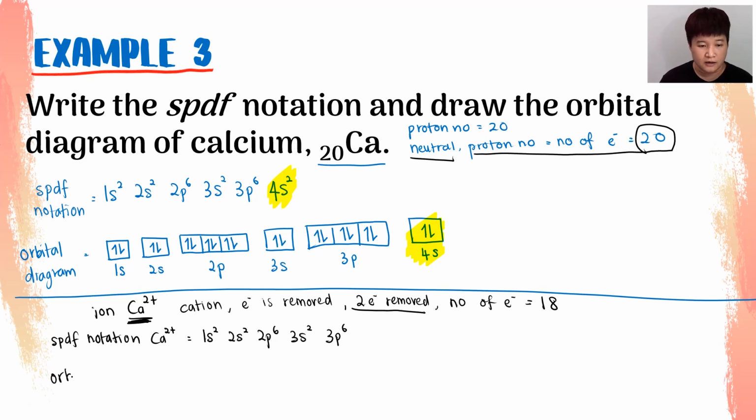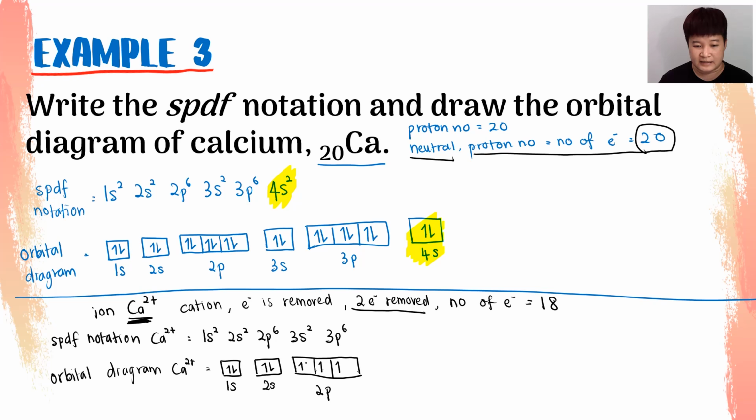And the orbital diagram will be just similar to your SPDF notation for calcium 2+, where we will start off with the 1s with 2 electrons, followed by 2s with 2 electrons, 2p with 6 electrons, make sure you label them 1, 2, 3, 4, 5, 6, and then followed by 3s with 2 electrons, followed by 3p with 6 electrons, 1, 2, 3, 4, 5, 6.